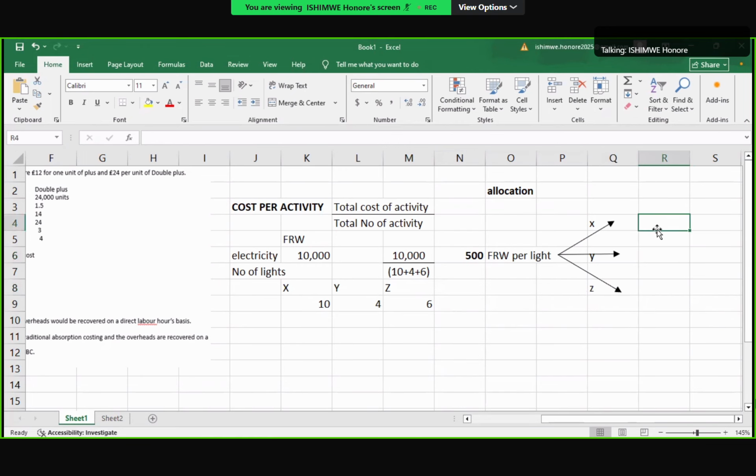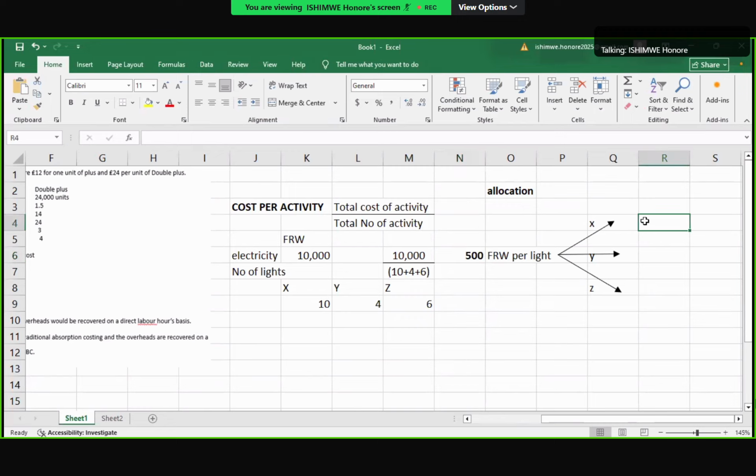Their cost, we have to charge them, okay? Look at here, like on the cost per activity, this 500, we multiply by this 10, that is in X, okay? Then we take this 500, then we multiply by this 4 for Y. Then for Z, their cost to charge them, we need to take this 500, it's per right, then we multiply by this number of rights in Z, which is 6.